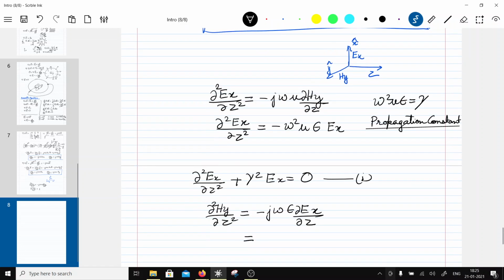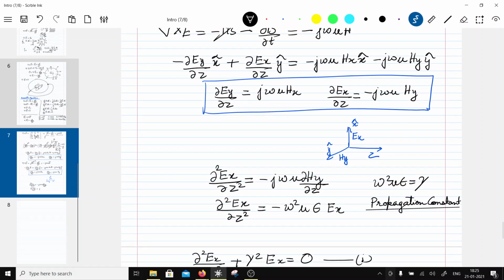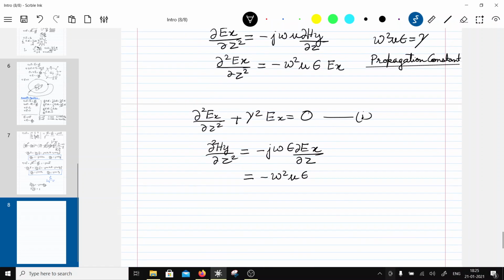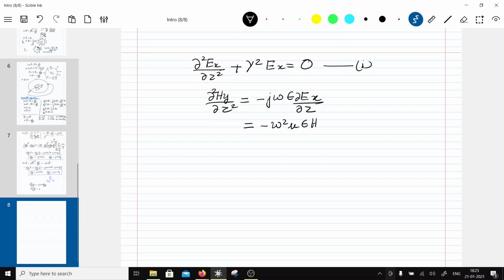And if I take ∂Ex/∂Z from here, it is minus jωμ. So minus minus cancel. It will be ω²με times Hy. So ∂²Hy/∂Z² is equal to that, or it can also be written as ∂²Hy/∂Z² plus γ²Hy is equal to 0. So this is equation number 2.